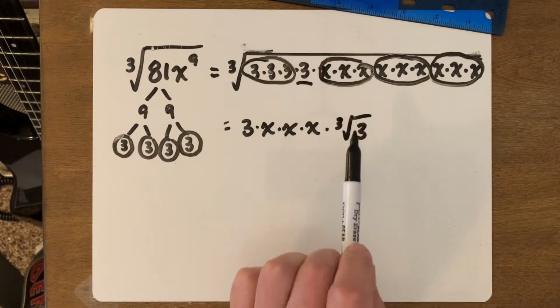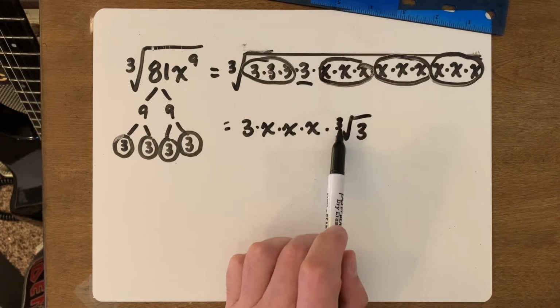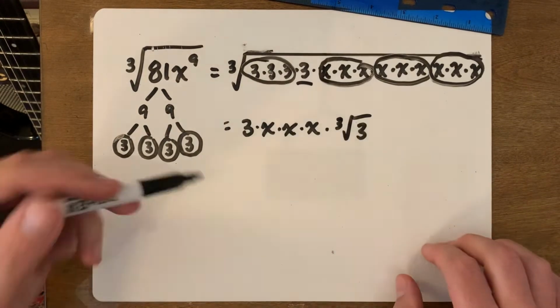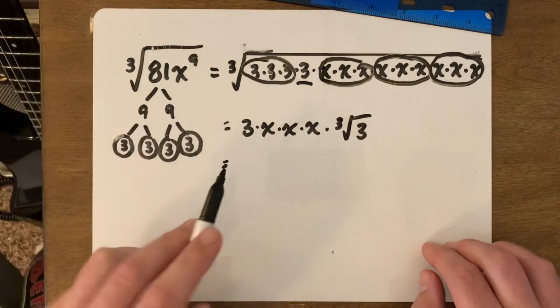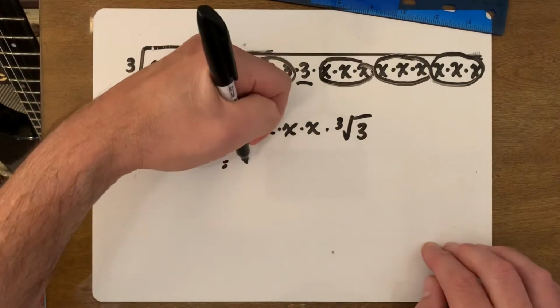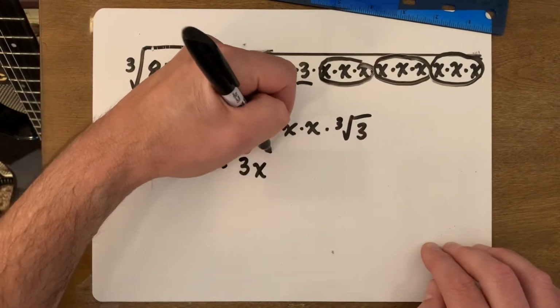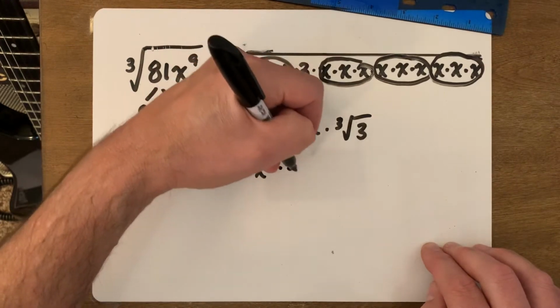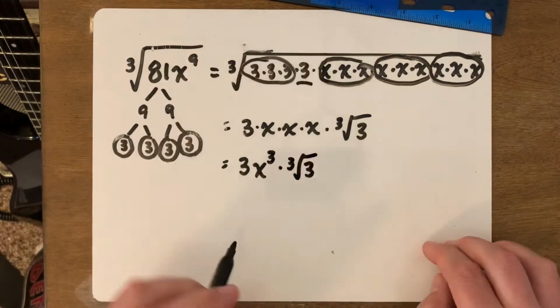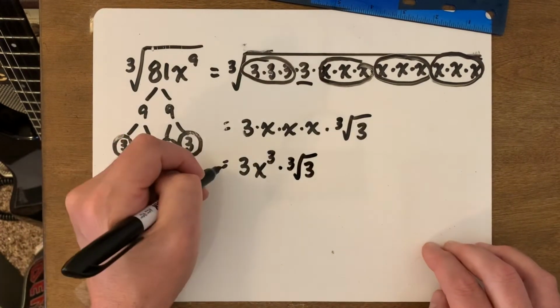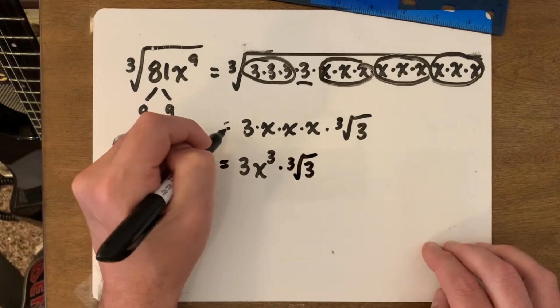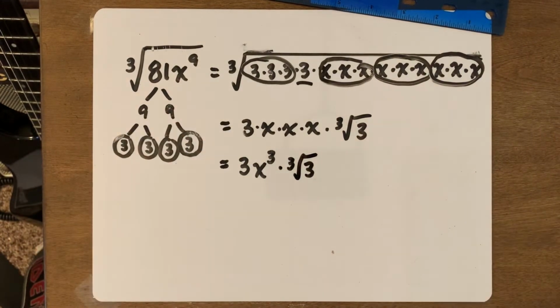Be very careful because a lot of students will forget to put that little 3 there, and your teachers and professors will count off for that. All right, so we're going to clean that up, and we're going to put 3x cubed times the cube root of 3. That might look pretty complicated, but after doing these for a while, it's really not going to seem very complicated at all.